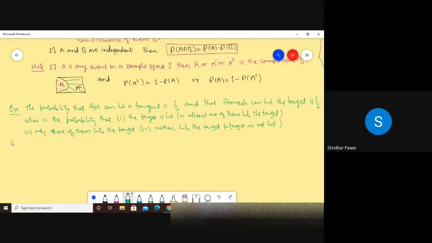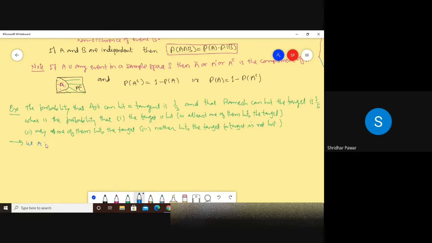now see how to solve this. So simple. So see here, now define the event. Probability that Ajit can hit the target is 1/3. Ramesh can hit the target is 1/5. So we'll define the event.